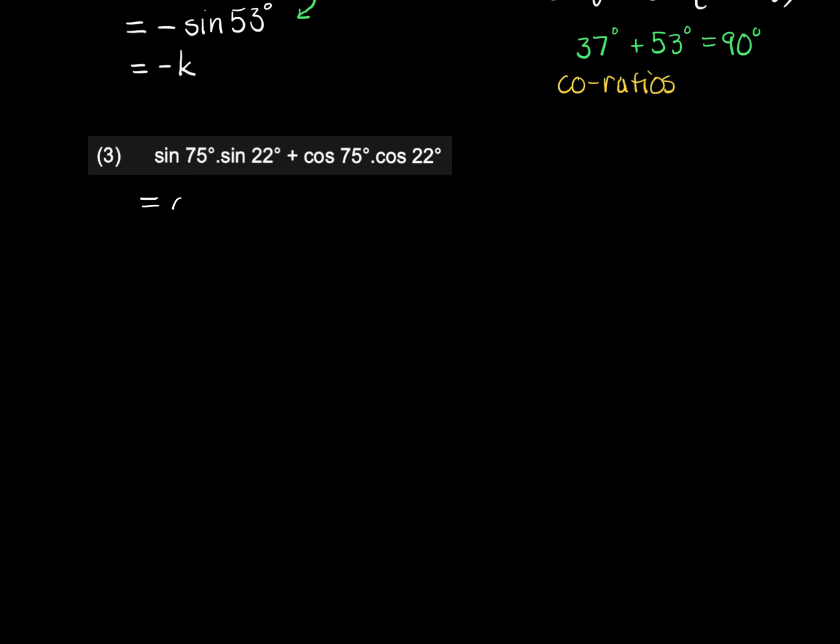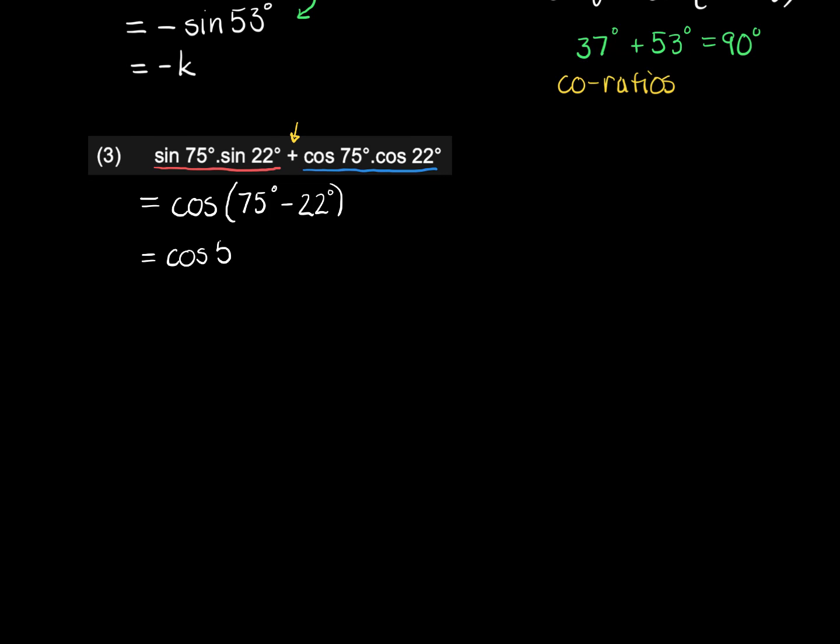For example, I know that this is going to be cos of something, because I've got the two sines on the one side and the two coses on the other side. I also know that it's going to be a minus because with the cos one, it's the opposite.